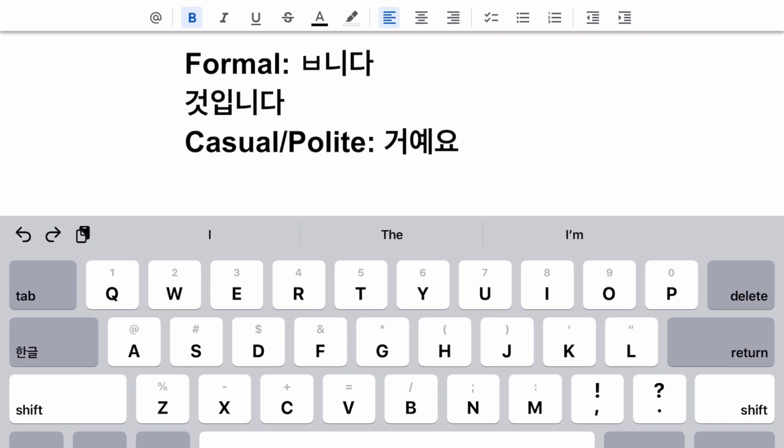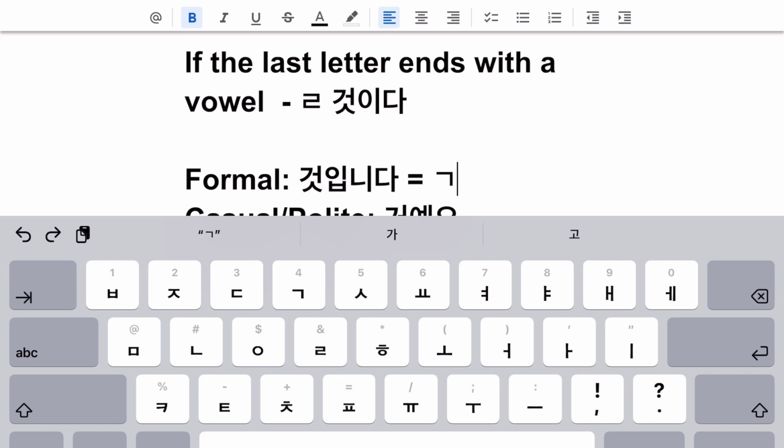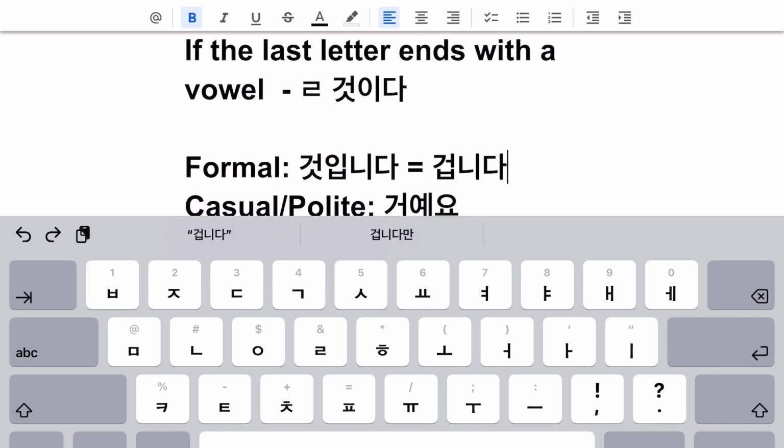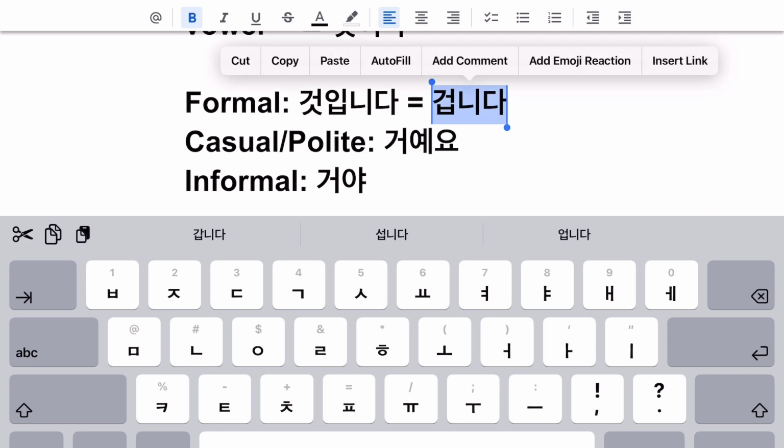And informal is going to be 거야. So 것입니다, 거예요, and 것이다 ending. Sometimes Korean people will write it like this, 겁니다, just because it's a little bit shorter. Korean people oftentimes, if they can find a way to make something shorter, they'll do it. So you might see it written this way.